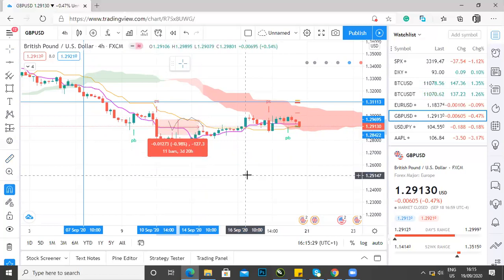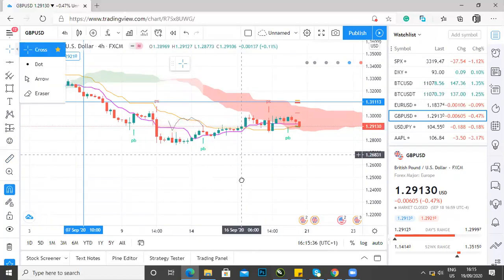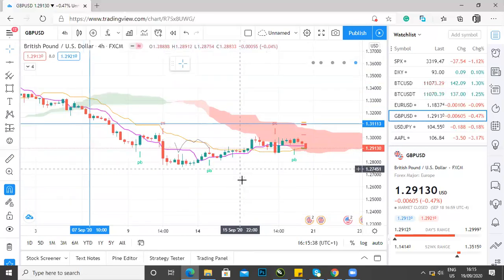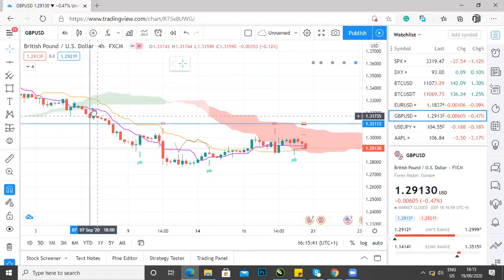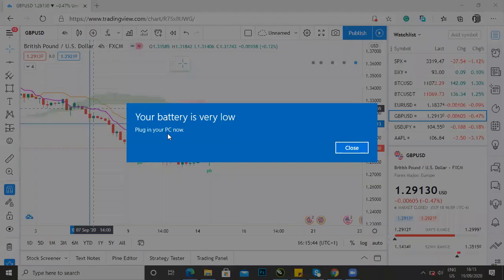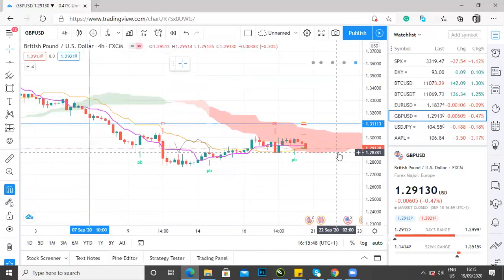But that is about 127 or 130 pips in 3 days. So that means you've made double money. If you are this kind of person that does swing trading, from our first entry here, you've made a lot of money.